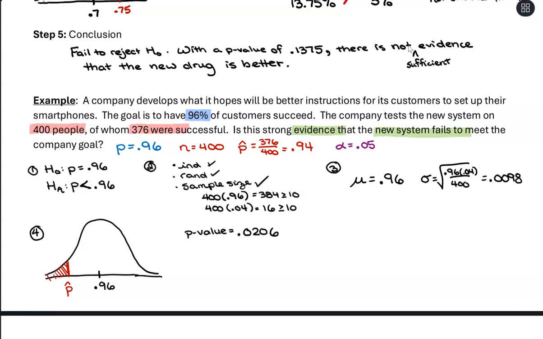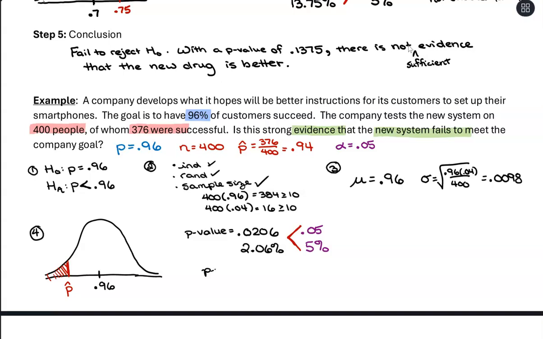Okay, let's continue on. So I want to compare that value to alpha, which is 0.05. And again, if it helps to switch to percentages, that's a 2.06%, and we're comparing that to our significance level of 5%. And what we're seeing is the p-value is smaller.